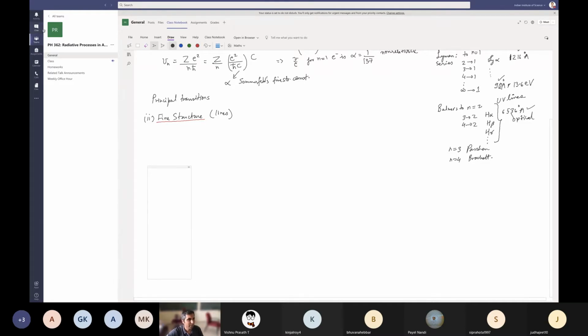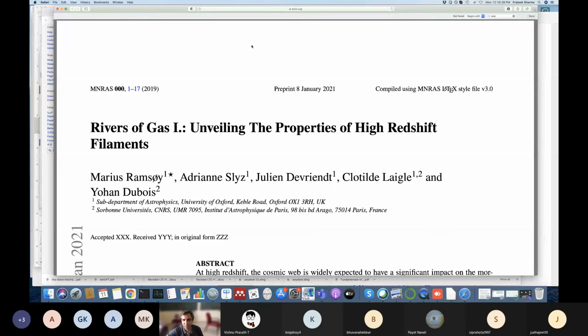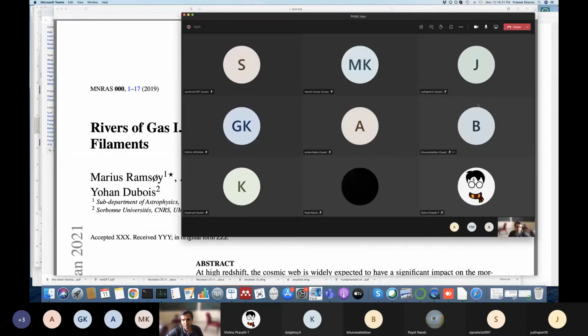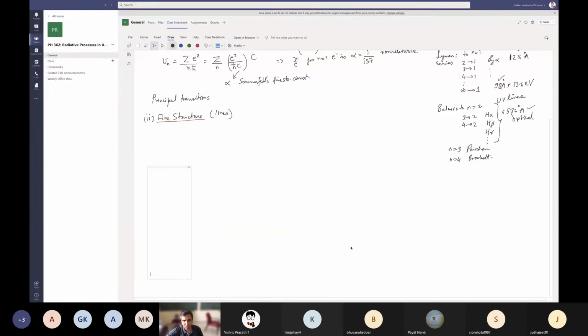Let me see. Stark effect, or no, this is not Stark effect. You have heard of LS coupling, spin orbit coupling.